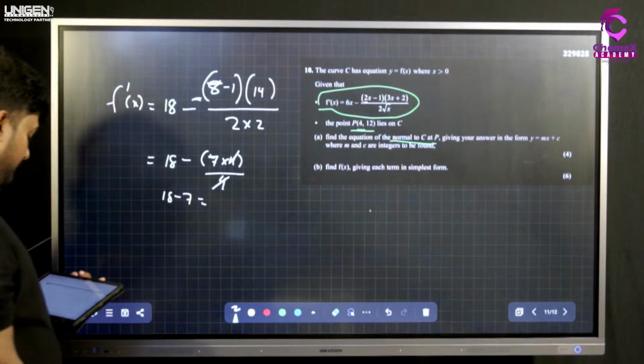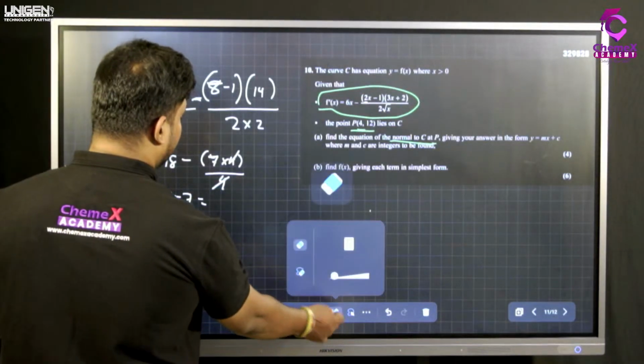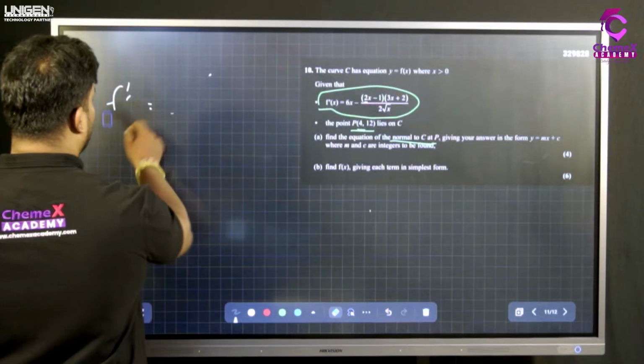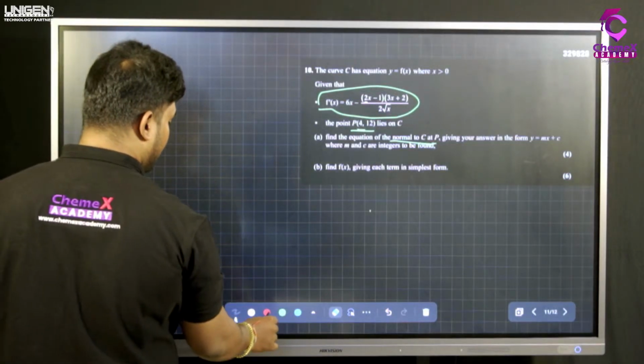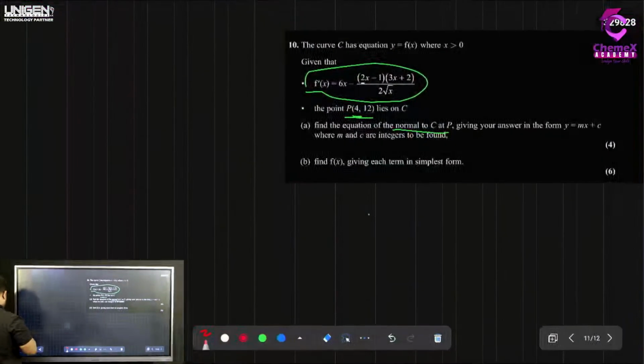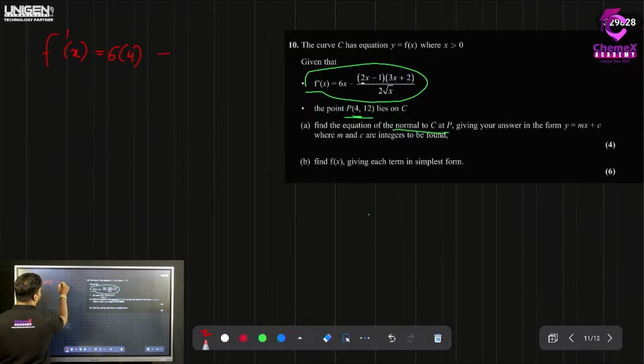Did I make a mistake somewhere? Let's write the formula once again. f dash x equals 6 times 4, minus 2 times 4 minus 1, 3 times 4 plus 2, divided by 2 root 4.